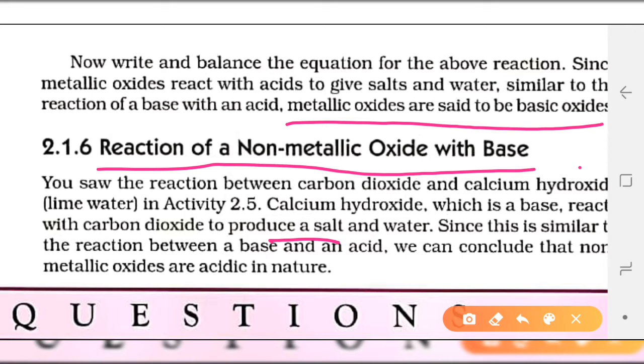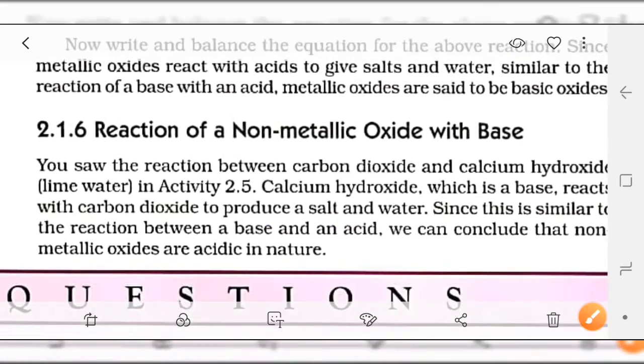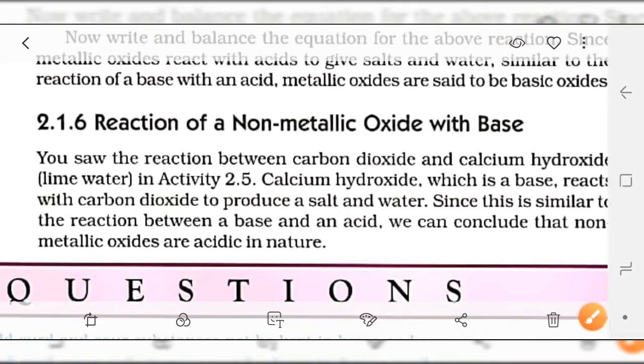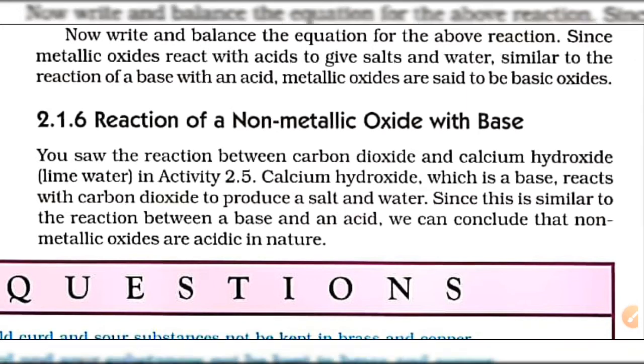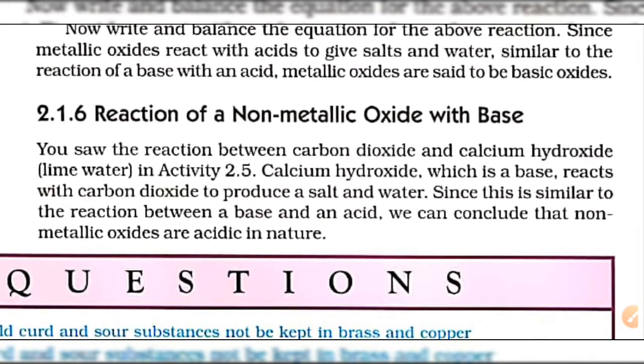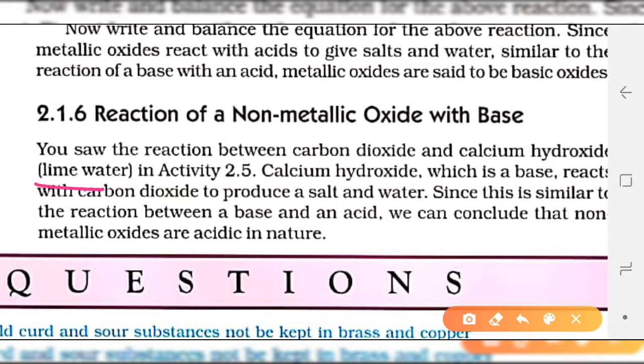So what is given here? You saw the reaction between carbon dioxide and calcium hydroxide. Calcium hydroxide is also called lime water. You can note down: lime water means calcium hydroxide.